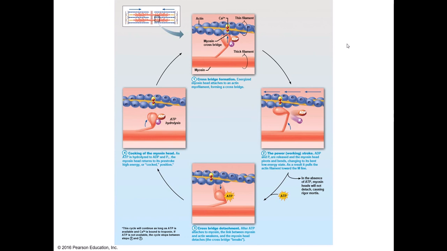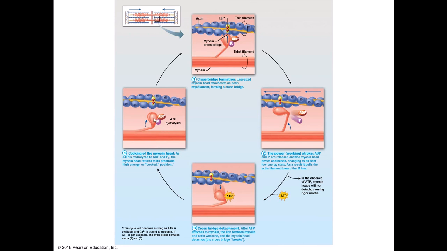Crossbridge formation and reformation is cyclical. This process will occur as long as calcium levels are high and the binding sites on the actin are free for the myosin. So it really starts with what we call cocking.